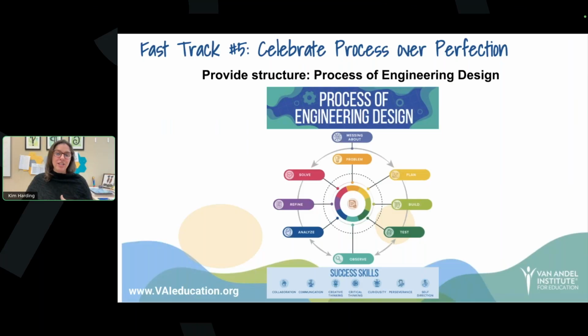Making those observations and really then just thinking about what you observed and maybe making some changes, right? Refine it and do this process over and over again until you're able to solve the problem or answer the question. And depending on your grade band, you can just pick out a couple parts of this process if your students are working through these creative processes to maybe build something or represent something in some type of a hands-on way.